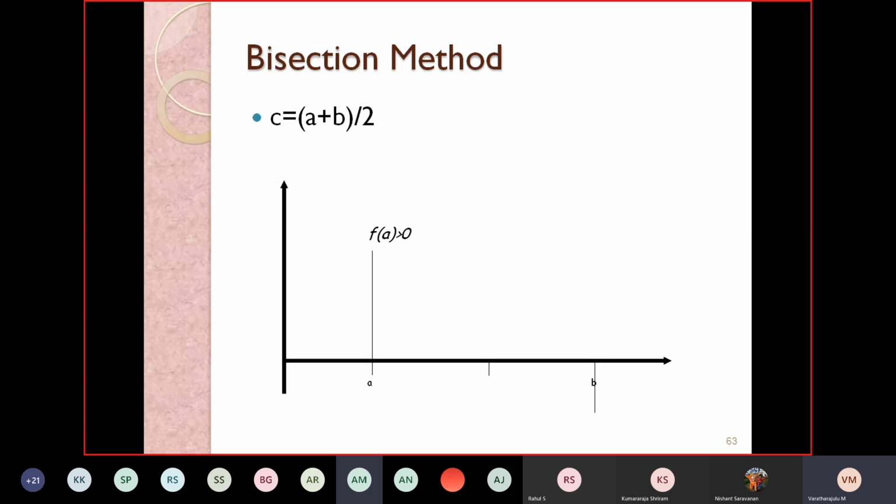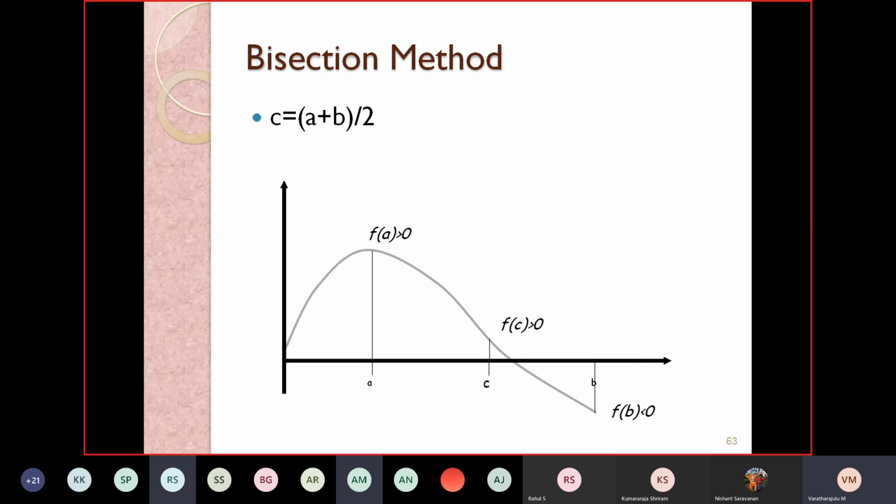Assume the given curve, that is, f of a is greater than 0 and f of b is lesser than 0, and in that way the arrangement of the solution occurs. Assume the curve changes direction nearer to c.